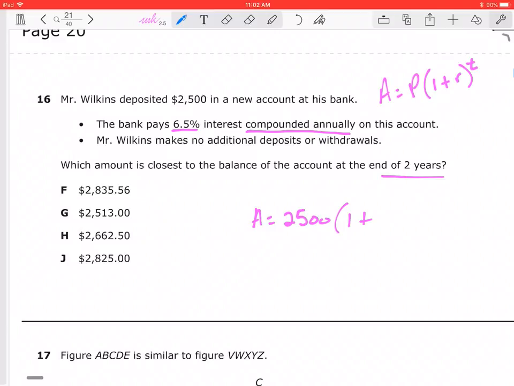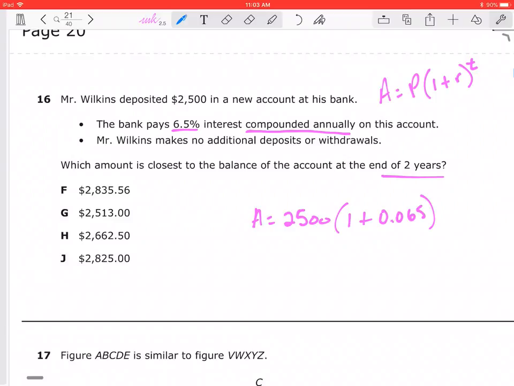So 6.5 divided by 100 is 0.065. Time is going to be 2 years.